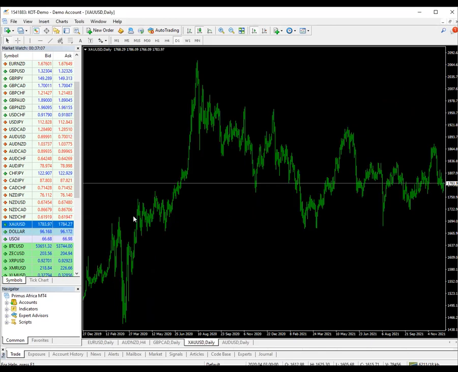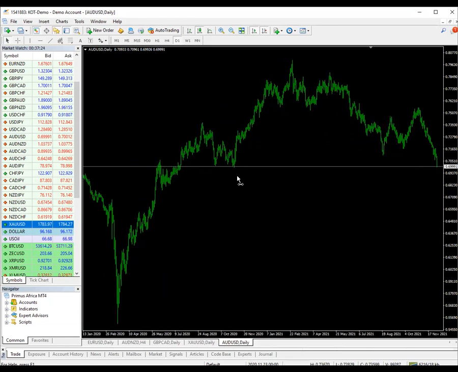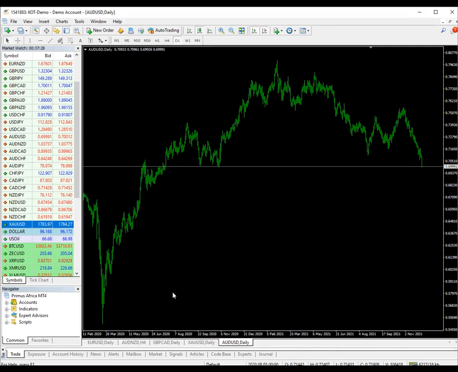Gold is here. This is gold on the daily time frame. Now, let me pick AUDUSD also on the daily time frame. This is AUDUSD also on the daily time frame. Look at the correlation.